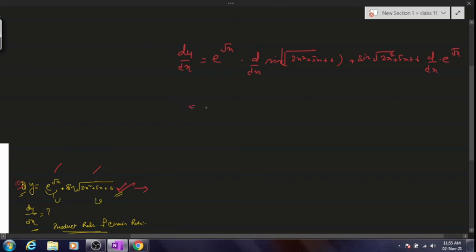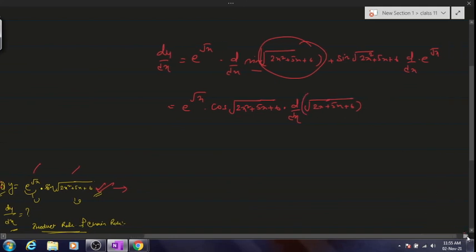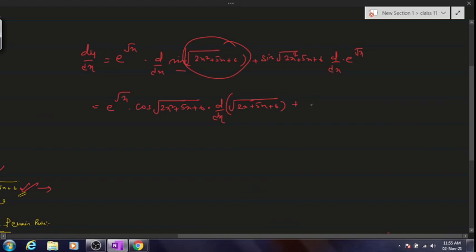Now we go on to differentiate the thing. Sin x differentiation is how much? Cos x, yes or no? Then d/dx of root x. Is it clear till this much? Yes or no, confirm.